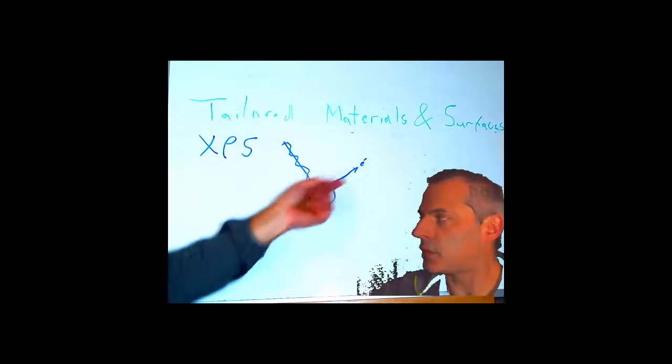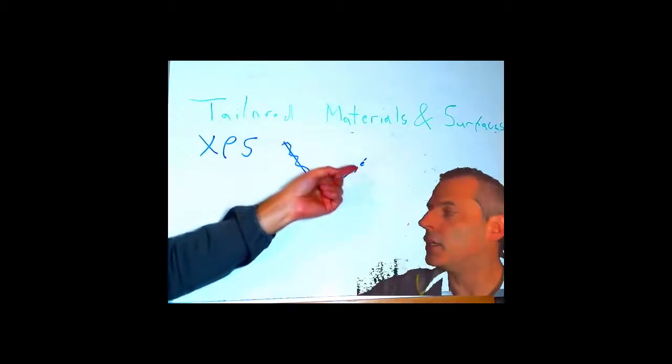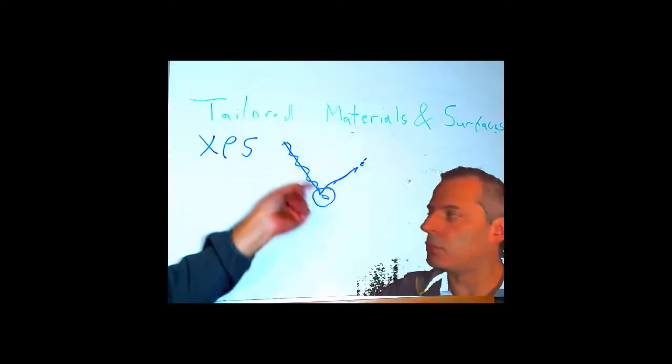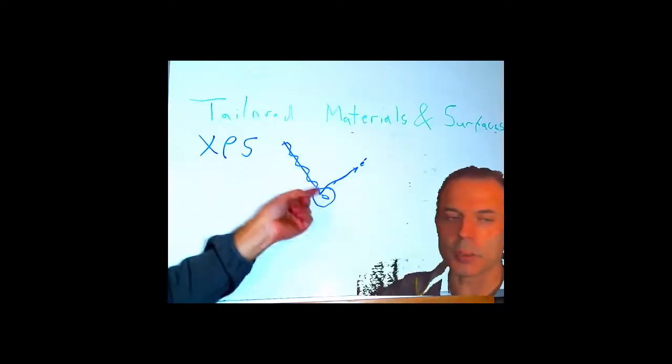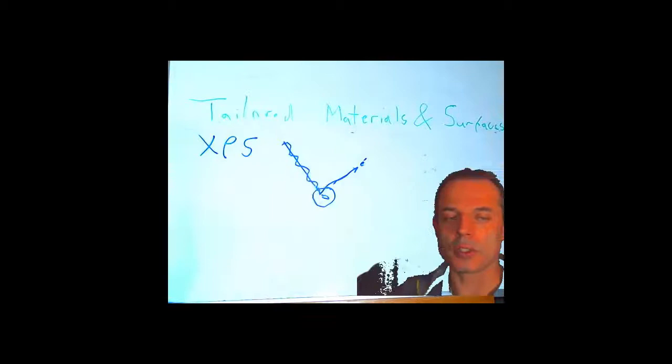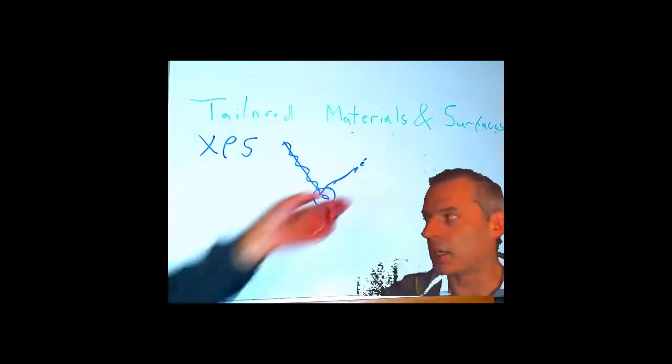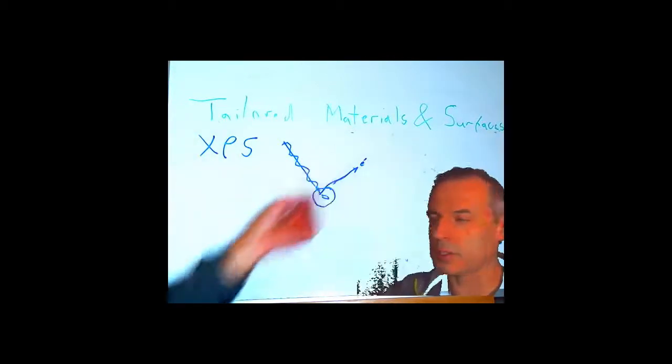It spits out this electron, so the electron energy is equal to the X-ray energy minus the energy of this orbital, because it has to knock it out of the orbital and it's lower than an electron in free space.